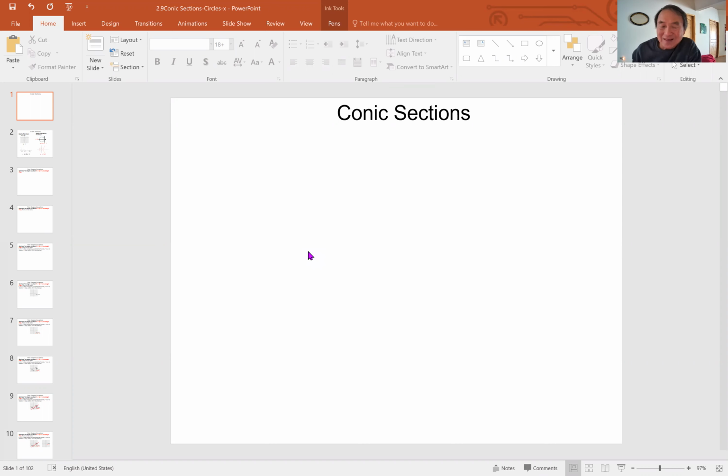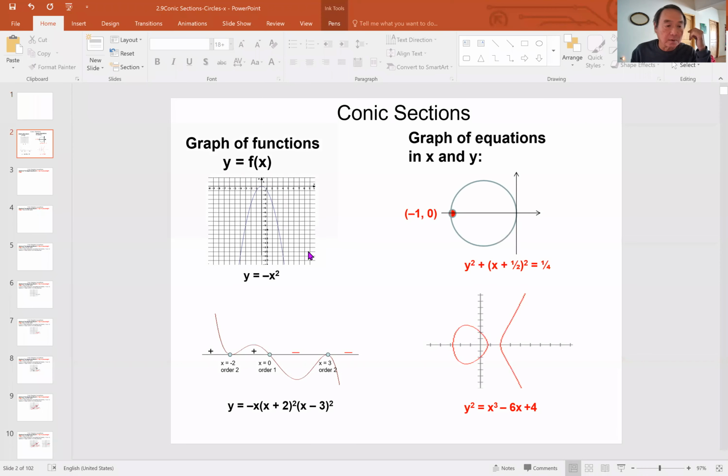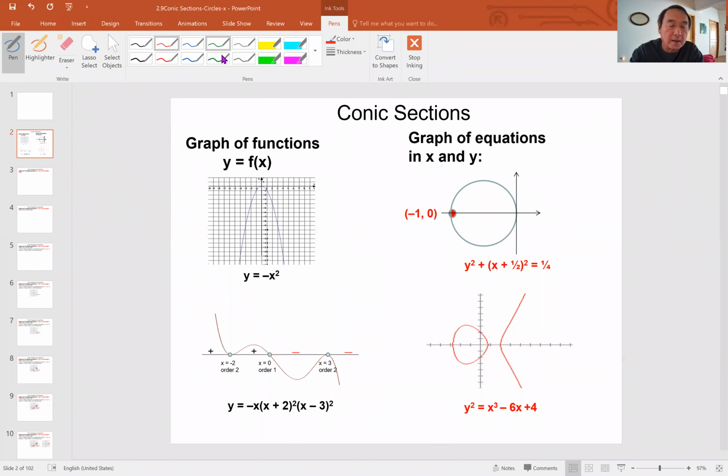Okay. We start with the difference between graphs of functions versus graphs of equations. In the form of functions, we can write these into the format of y becoming a formula in f of x.